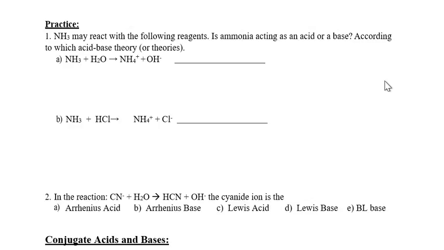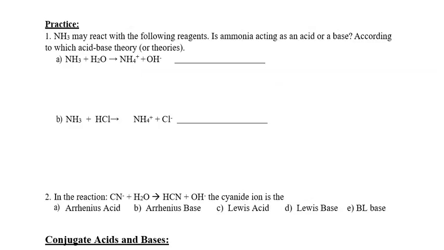And so the only thing to do here is identify that you have your ammonia with a nonbonding pair of electrons, if you drew the Lewis structure, that is available to receive that hydrogen from the water, and in that case it would classify as a Lewis base as well.